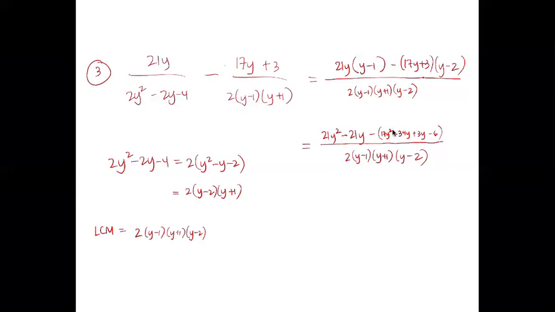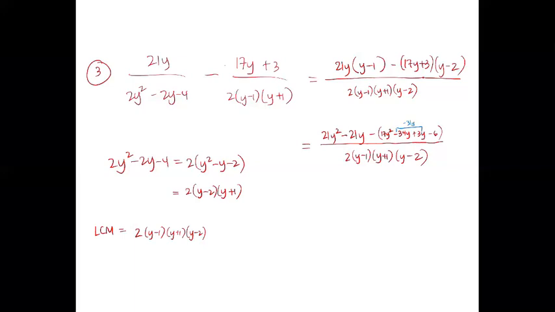So if we simplify this, you need to distribute the negative. For this, you can add or subtract: minus 34y plus 3y, you will get minus 31y.